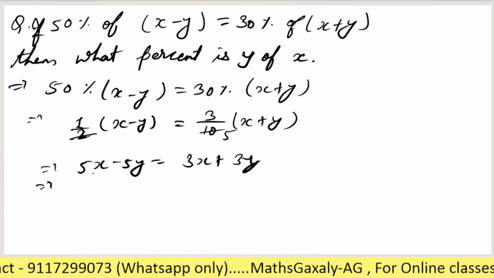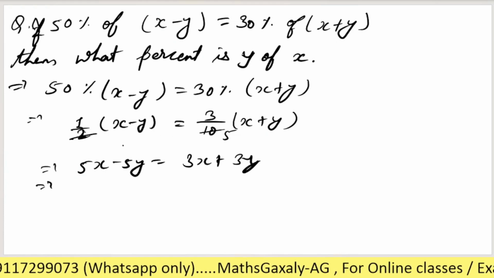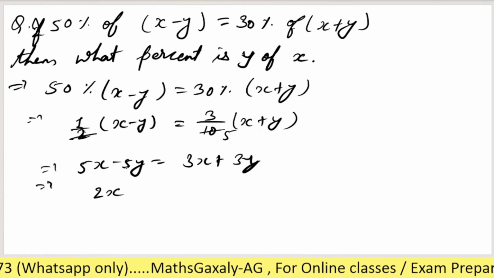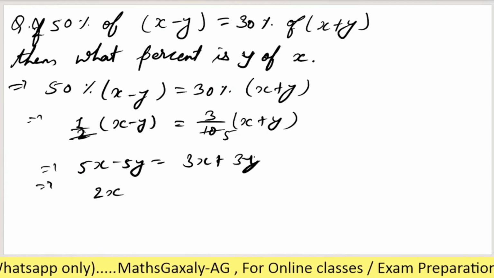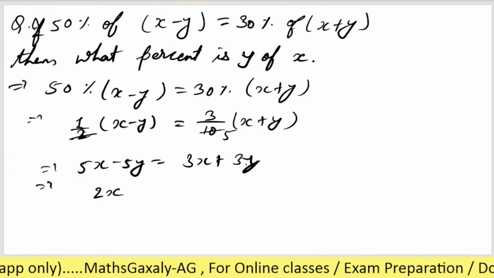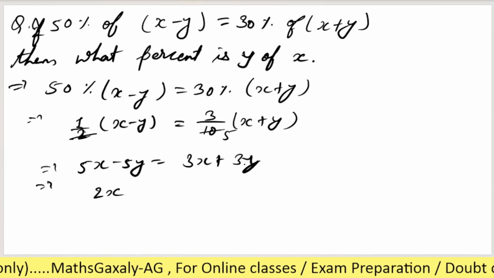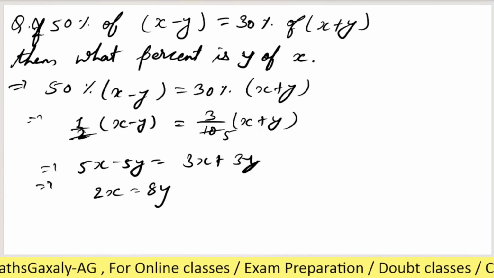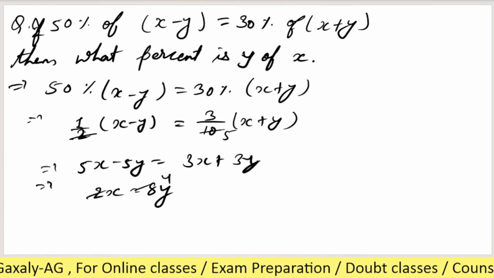So here 5x and this 3x will come on the left hand side. It will become 2x. This minus 5y will go to the right hand side, so it will be 8y, equal to 8y. Now 2 and here 4.